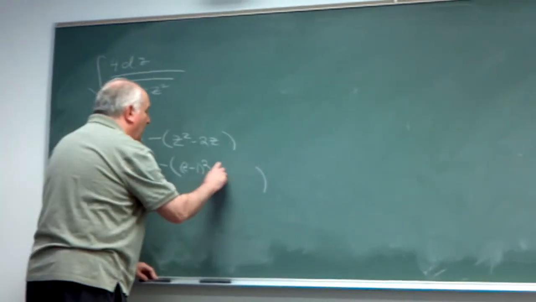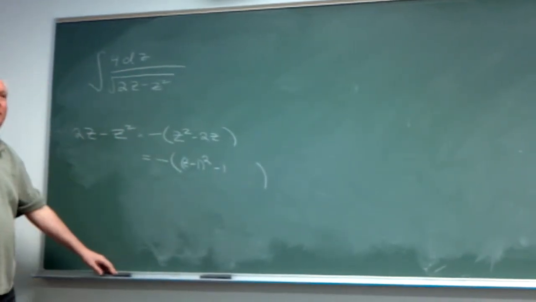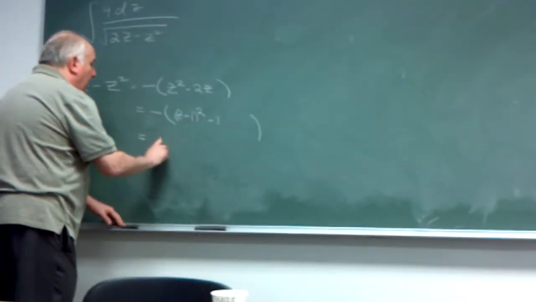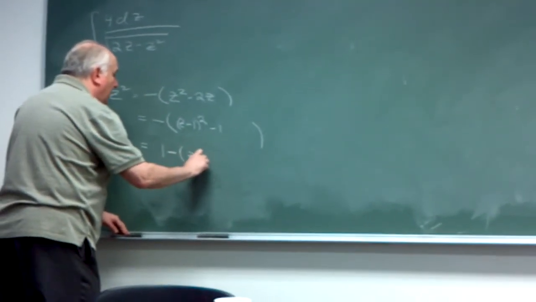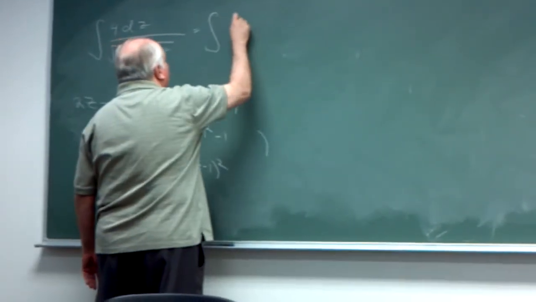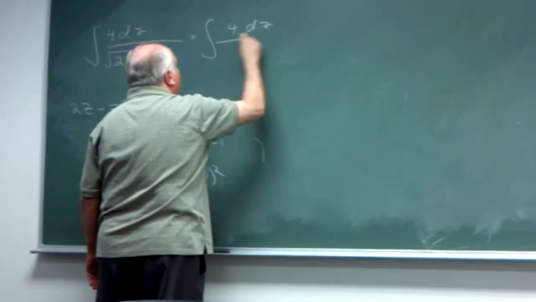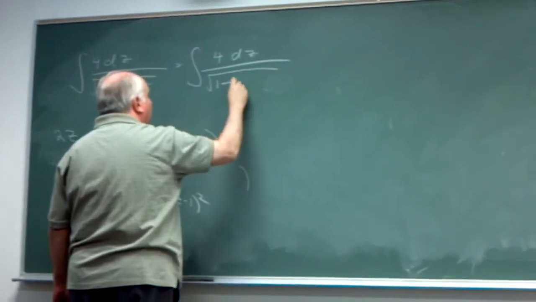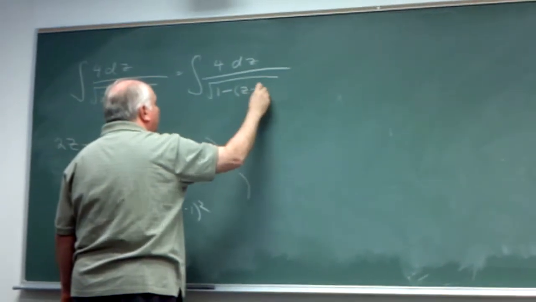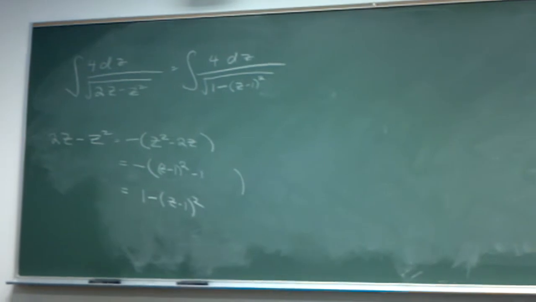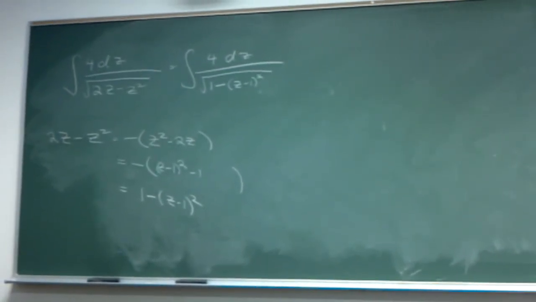And now, when I distribute the negative sign, it's 1 minus z minus 1 squared. At which point, I have two ways that I could solve the problem. So, are you okay up to that point?